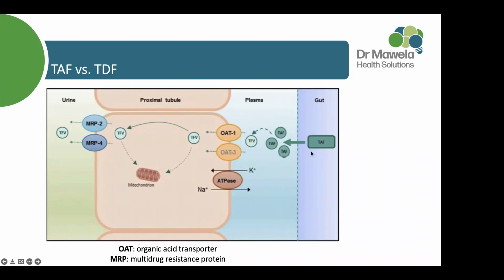But what you see, remember TDF at that time, when I showed you this similar graph, was that if a patient took TDF as a prodrug, most of it would be converted to the active drug in the plasma already, right? But with TAF, the patient takes the tablet as prescribed, it is absorbed in the gut, it is still the prodrug in the plasma, with a very small amount of the active drug in the plasma.